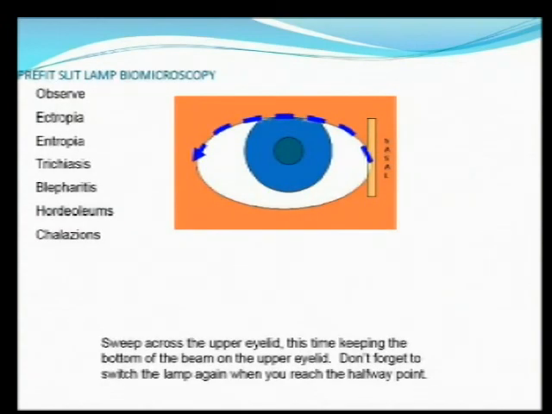You're then going to raise the beam up, come back across the upper lid margin, looking for exactly the same things. Again, as you get to the midpoint, move your light source back over to the temporal side.